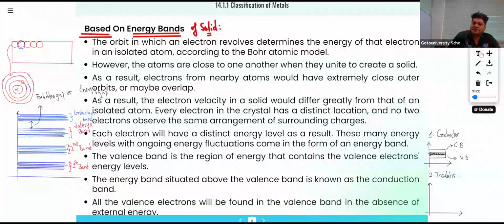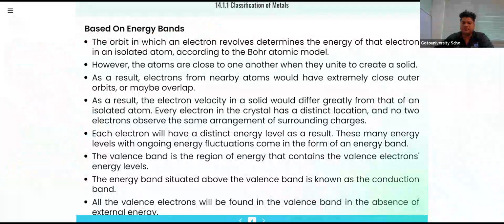I'll make the valence band, I'll make the conduction band. This is your valence band. We have this diagram further. Okay, yes, I'll show it here.